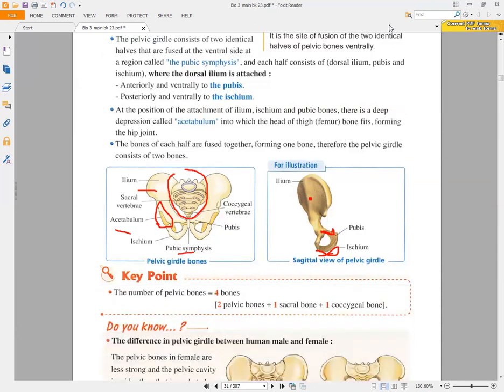So if I ask you about the total number of the pelvic bones, you will say that we will have four bones. You will have two pelvic bones, also one sacral bone and one coccygeal bone, because the sacral vertebrae are fused together forming one bone, and the coccygeal vertebrae are also fused together forming one bone.